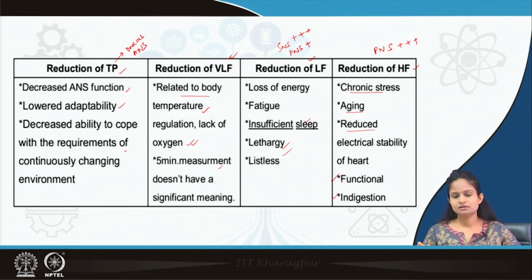Now aging, old age also gives rise to a decrease in the autonomic nervous system, so that gives rise to lower HRV, which further gives rise to various diseases like hypertension, loss of elasticity of the blood vessels, arteries. So that is why in aging we get reduction of the high frequency.